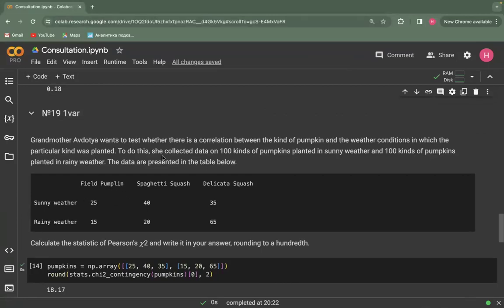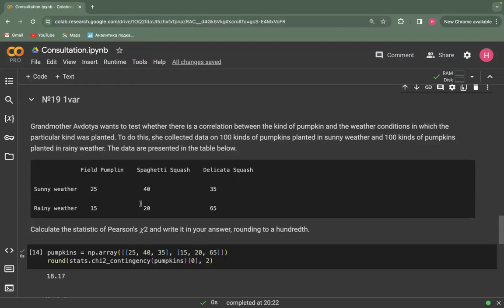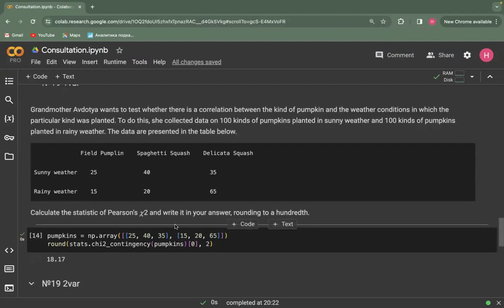The task says that grandmother Avdotia wants to test whether there is a correlation between the kind of pumpkin and the weather conditions in which the particular kind was planted. To do this, she collected 100 cans of pumpkin and wanted to make a chi-square test about this correlation.